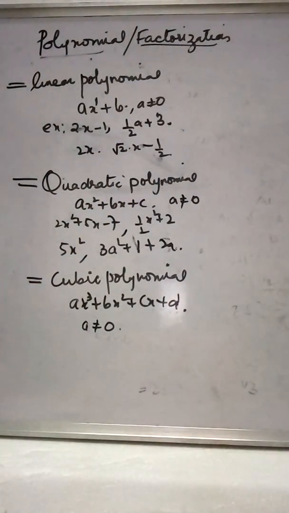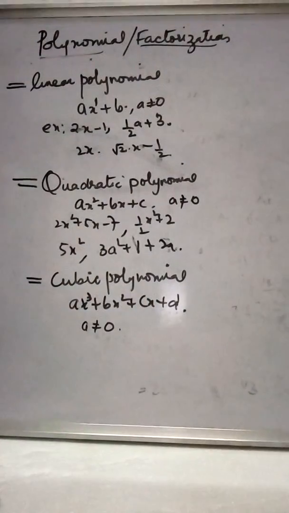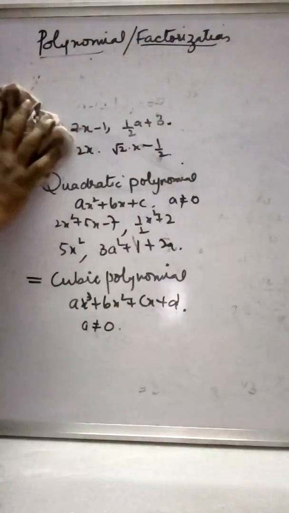Any polynomial with the highest power as 3, that is, the degree of the polynomial is 3, is called a cubic polynomial. So this is what you have to find out from your question 3, which is linear, which is quadratic and which is cubic polynomial. I hope with this you can easily understand which type of polynomials they are.